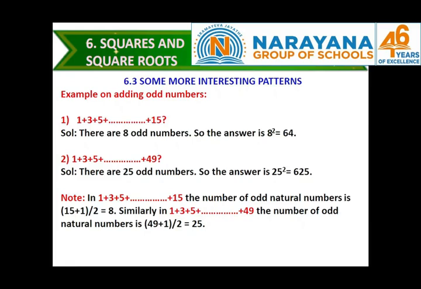So, if 1 plus 3 plus 5 and so on, and the last odd number is n, then the number of odd numbers is equal to (n plus 1) divided by 2.